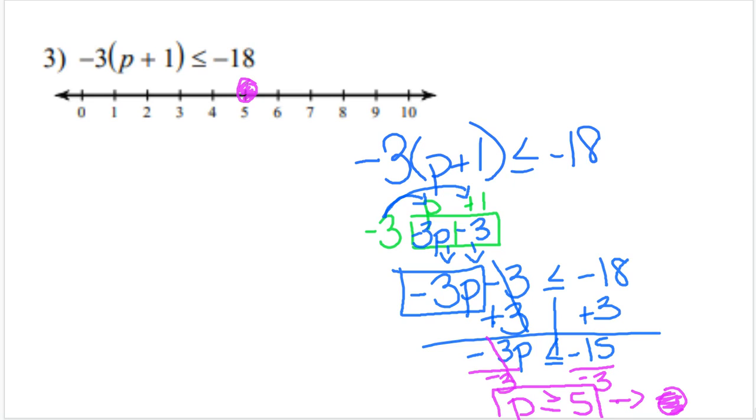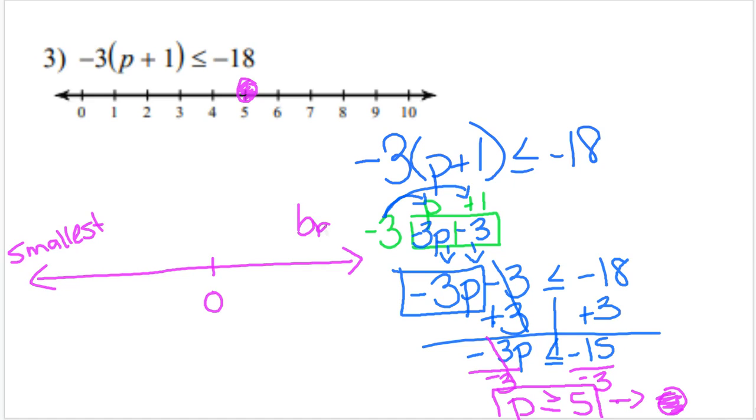And because p is greater than or equal to 5, remember our little graph the other day, and if you didn't get a chance to write it down, to the left are our smallest numbers, and to the right are our biggest. So I'm going to go ahead and graph to the right because it's greater than or equal to. Now let's go ahead and look at our next problem.